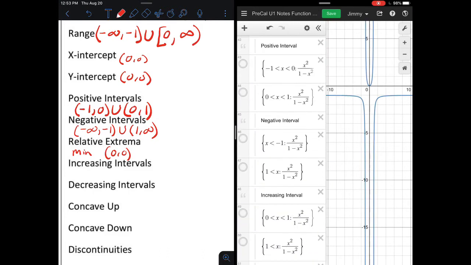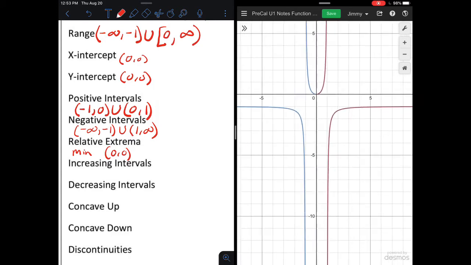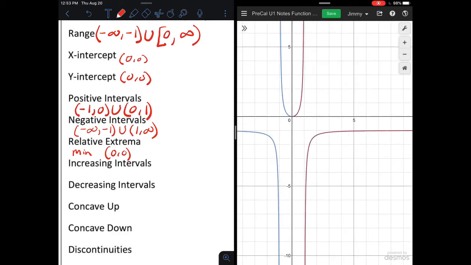Now we'll look at decreasing and increasing intervals, and we'll start with the increasing part of the graph. Remember that a graph is increasing where it has positive slope. So as it goes to the right, it is going up. Our increasing intervals will be this right-hand section, because as you go to the right, the y values are increasing.